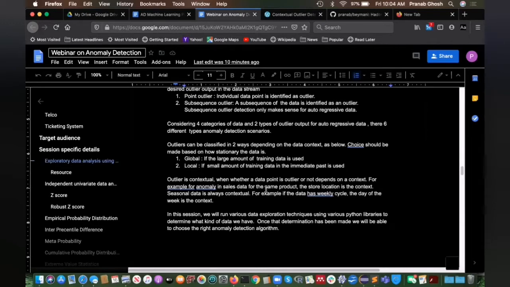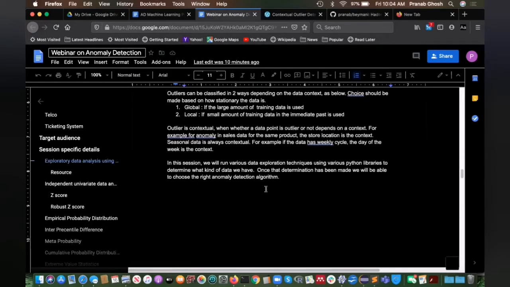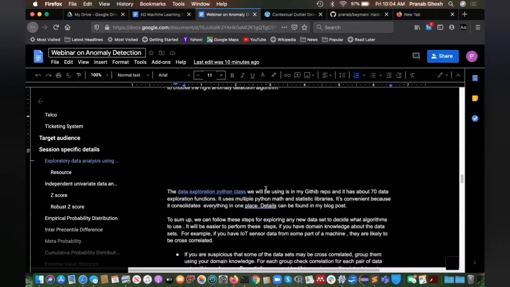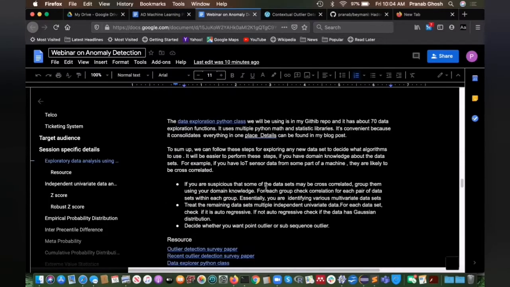So in this case, you might be building a separate model for each day, because what is normal in one day might be abnormal in another day of the week. So in that case, the day of the week becomes the context. So those are some of the points I wanted to make regarding session 1.